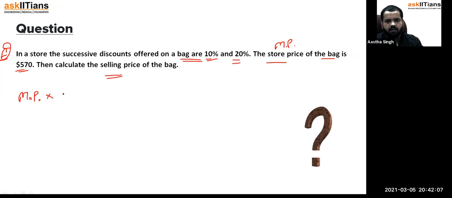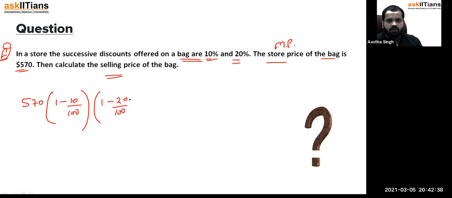So your 570 was your market price, right? One discount was given, 1 minus 10 upon 100, then again a discount will be offered on that price, that is 1 minus 20 upon 100. That will be your selling price.